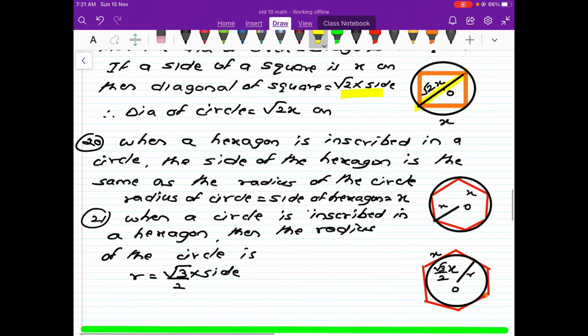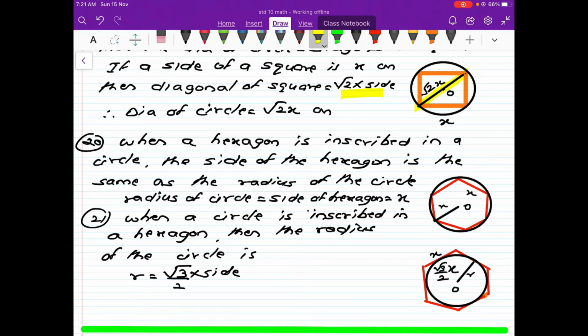Similarly, we can see it for a hexagon also. A hexagon is a 6-sided figure. So whenever we are talking of a hexagon and a circle, please remember any hexagon inscribed inside a circle is always a regular hexagon. It means all sides are equal and all internal angles of the hexagon are also equal.